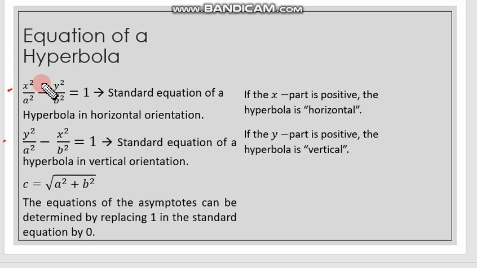Okay? So if it is plus, this is the standard equation of an ellipse. If it is minus, this is the standard equation of a hyperbola.